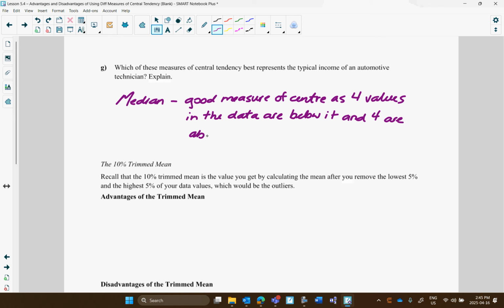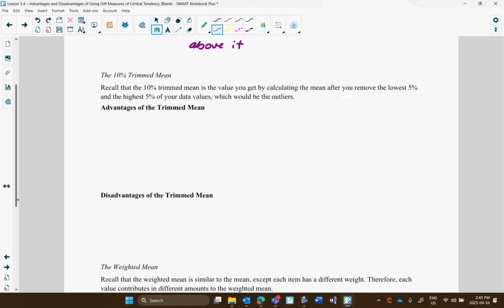Can't say the same thing about the mode and the mean. Mean is pretty close, but the median would still be the good one. Most times, like I said, median will be the best one, unless there's no extreme values in the data. Then you can really go mean or median. And then again, like I said, mode is this.